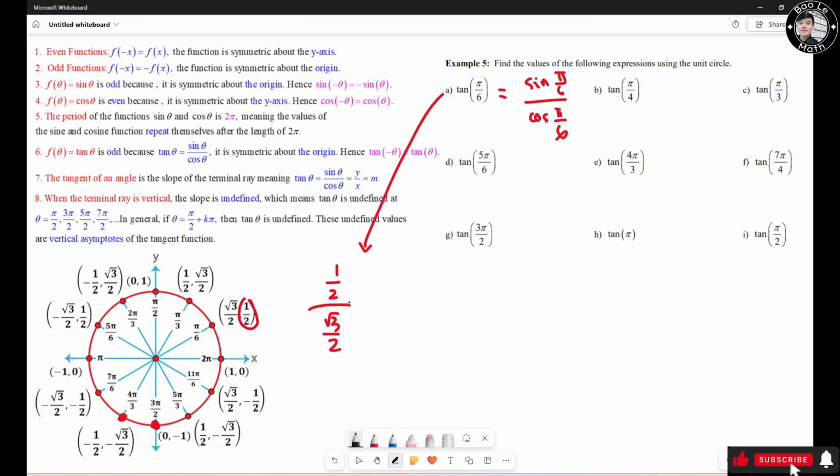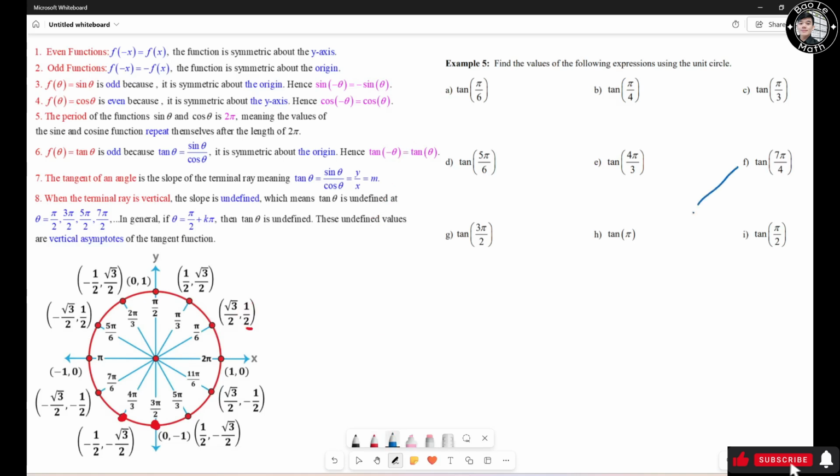Now I'm going to multiply the top and bottom by 2 and simplify. So the answer is 1 over √3. If you want to rationalize this, multiply the top and bottom by √3. So the answer should be √3 over 3.